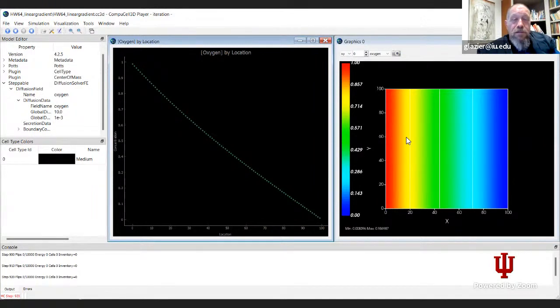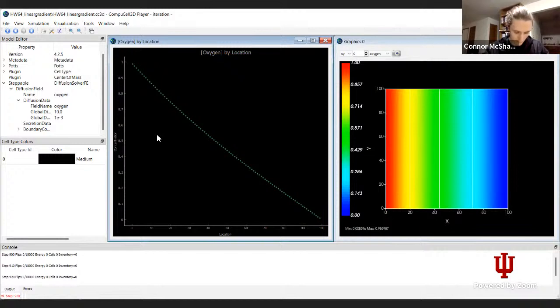So what's the diffusion length? Remember, what was the diffusion length? Is the issue that I have this linear relationship because of how I've set it?